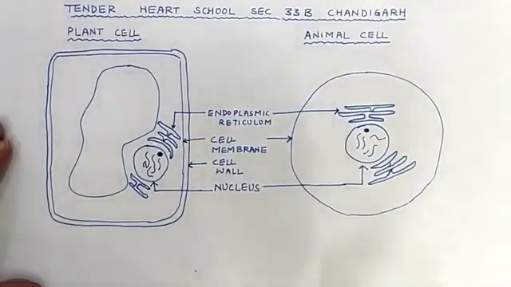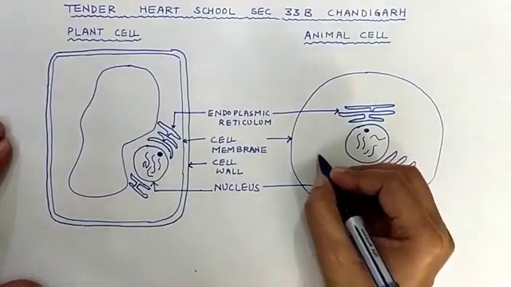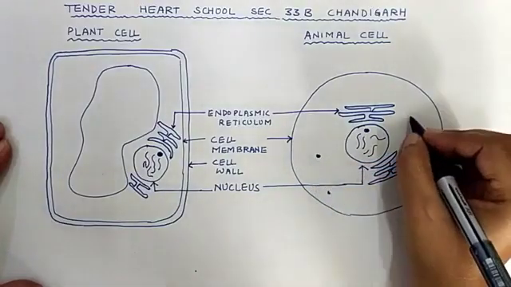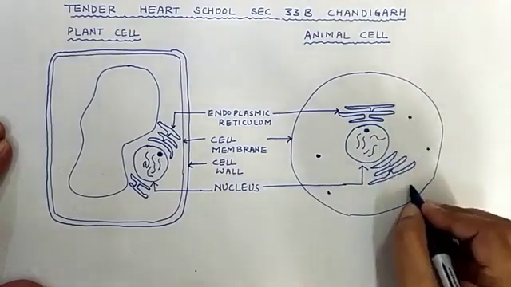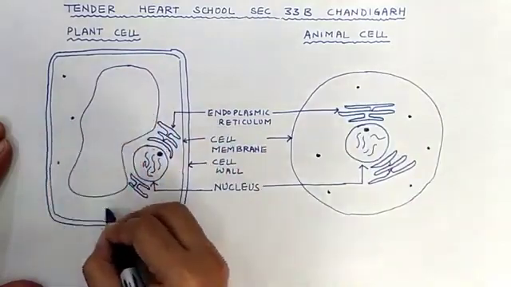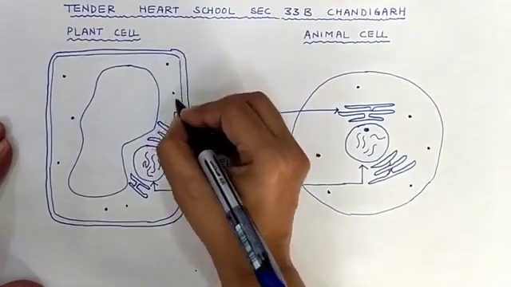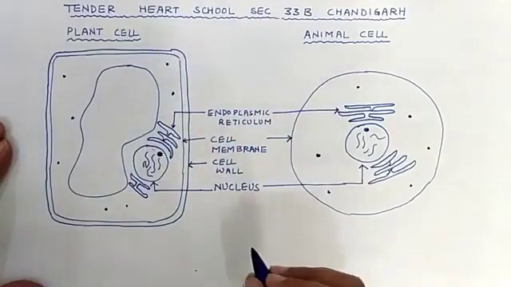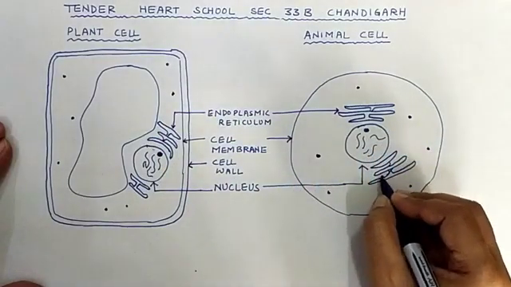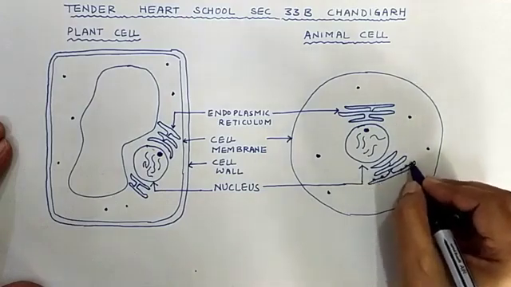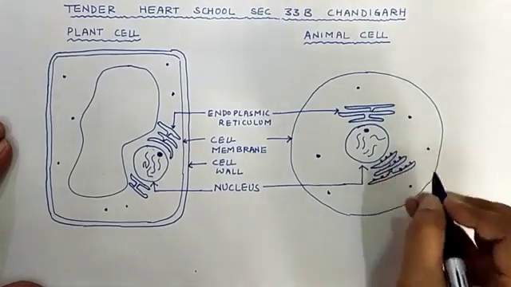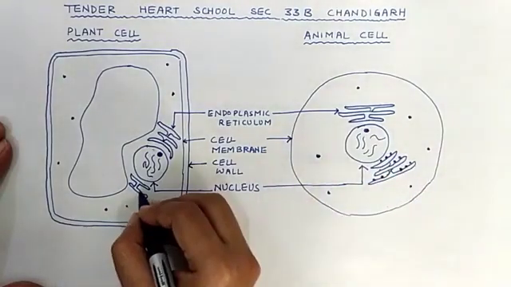Now there are certain ribosomes present. Ribosomes are small granular structures, right? These are present in the animal and plant cells. These are needed for protein synthesis. Some of the ribosomes may be attached to the endoplasmic reticulum, and then they make this endoplasmic reticulum look rough, and we call it rough endoplasmic reticulum.